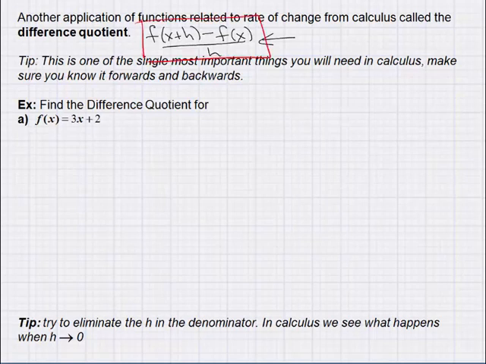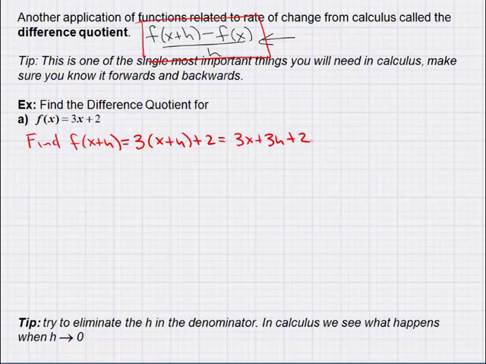So if I look at this fraction and I want to find the difference quotient for this particular function, what I'm going to do first is find f of x plus h. So that's 3 times x plus h plus 2, which is 3x plus 3h plus 2. Okay?